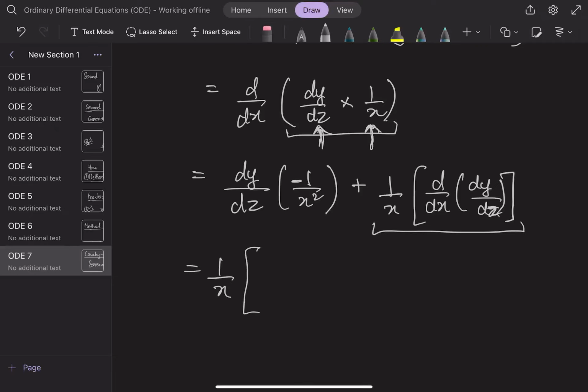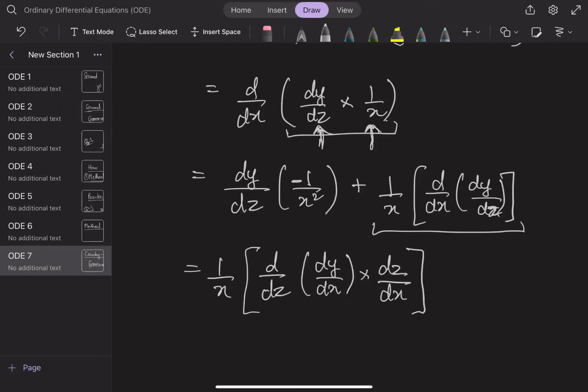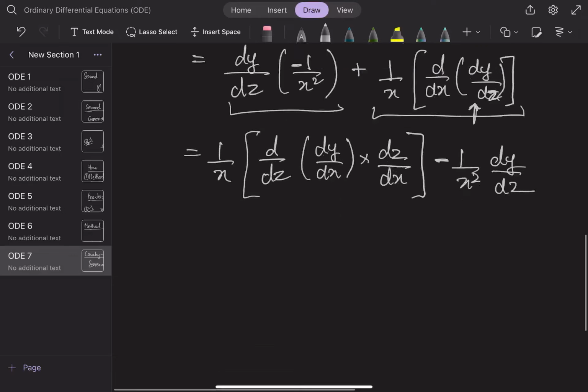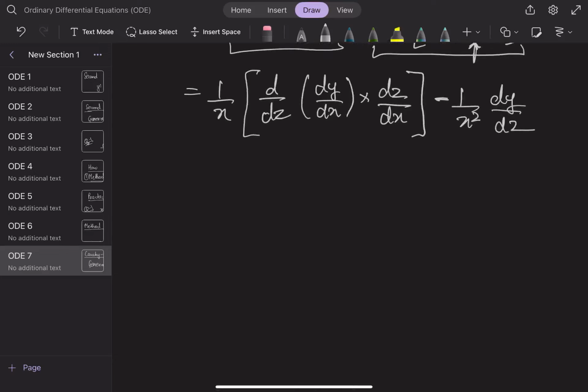So that would mean d by dz of dy by dx multiplied by dz by dx. This is basically chain rule applied to this part. And your second part is minus 1 by x square dy by dz. This is this part. So what was this?